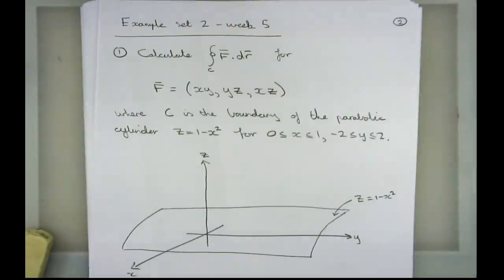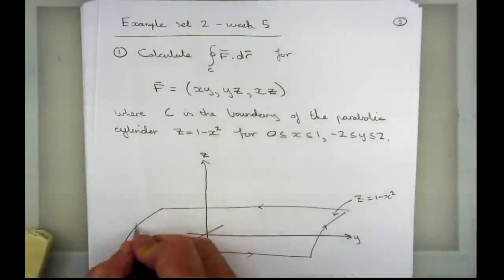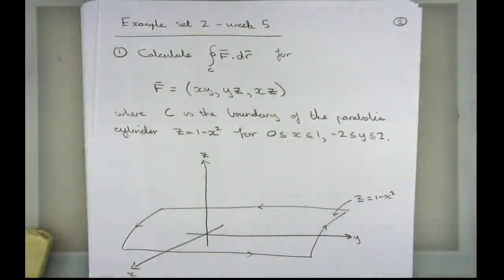Now, if you wanted to do this the normal way, it's going to require 4 path integrals. 1, 2. You'd have a piece where x is 1, z is 0, and y goes from -2 to 2.